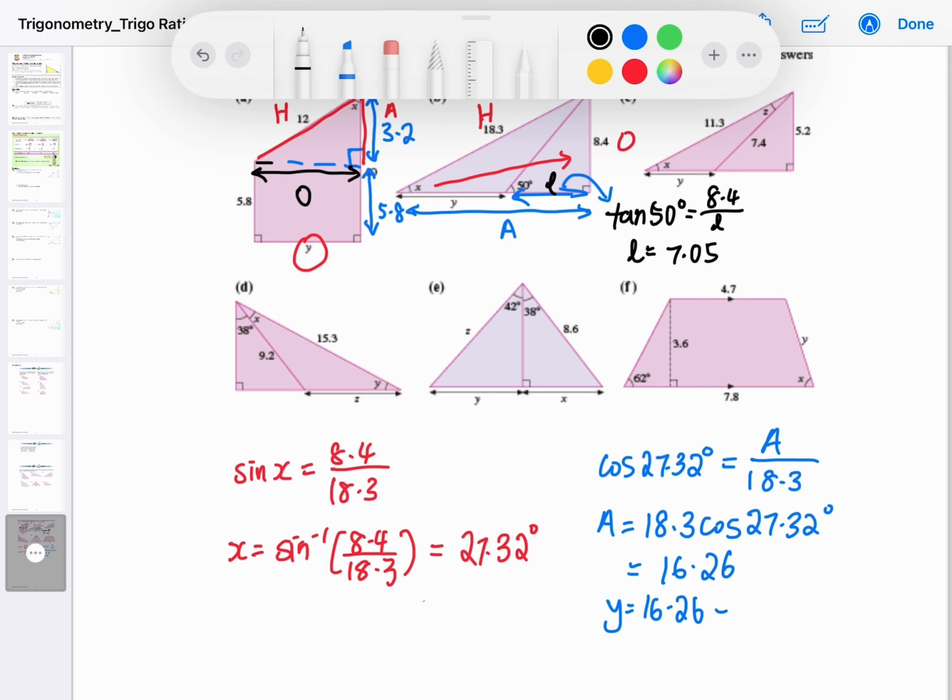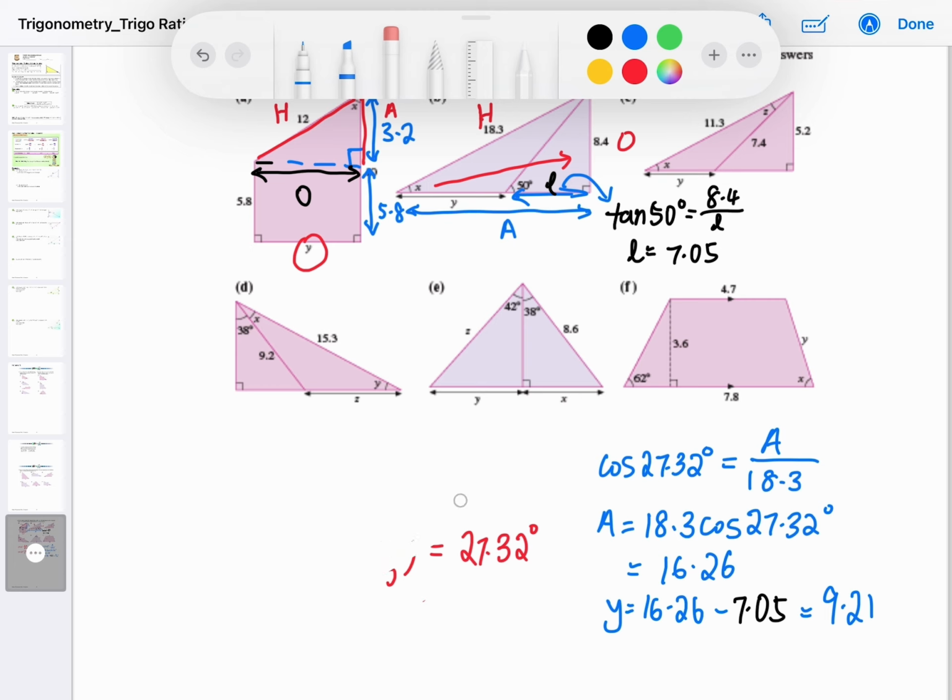So L is 7.05, and my final answer is 16.26 minus 7.05, 9.21. Okay, so let's move on to part C.